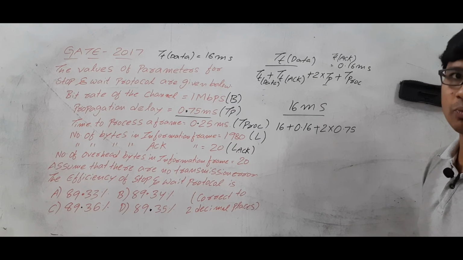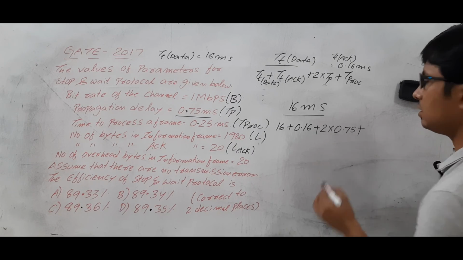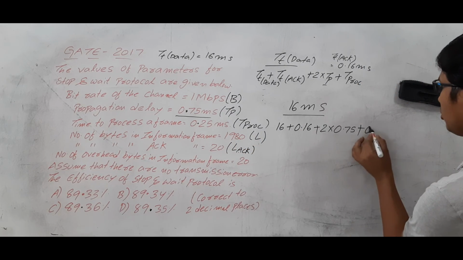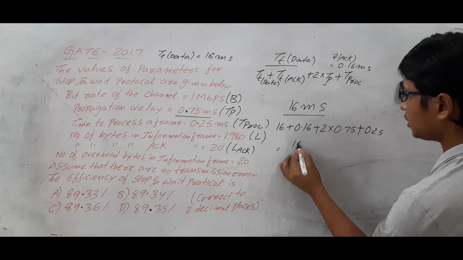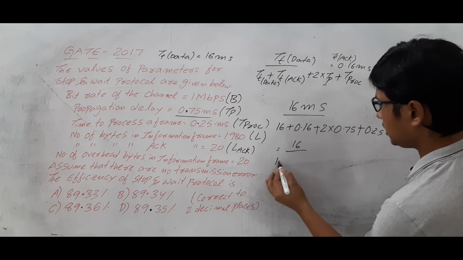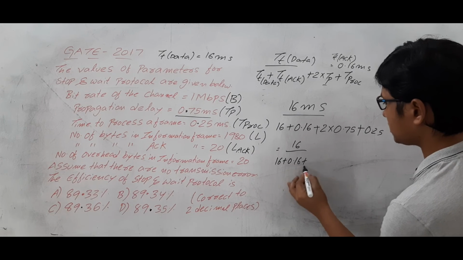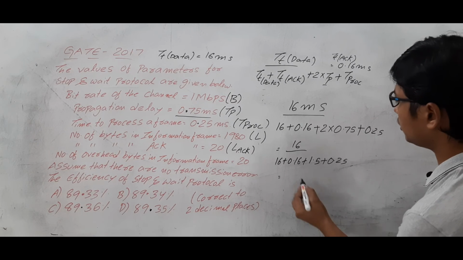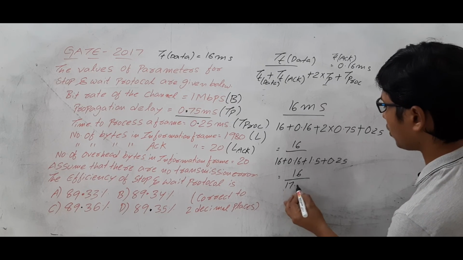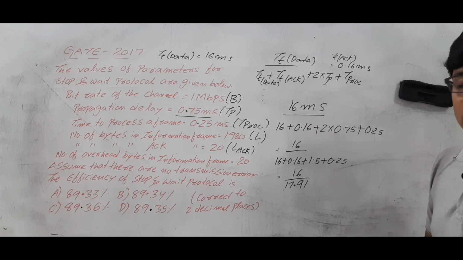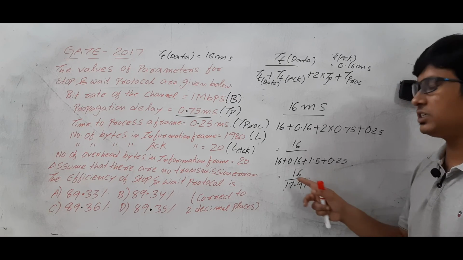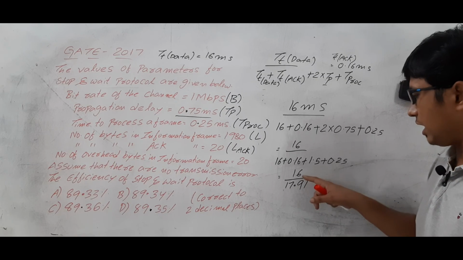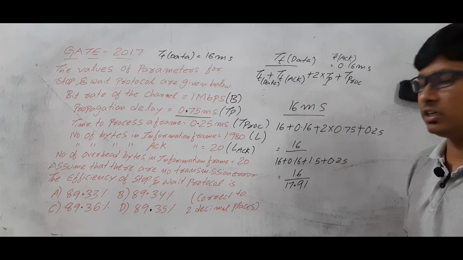You can directly write it as 1.5 also, plus the processing delay for a frame, which is 0.25. If you do it, you will get 16 plus 0.16 plus 1.5 plus 0.25, which is 17.91. You can verify it by performing the addition. You will get 17.91 milliseconds, and 16 milliseconds is the transmission delay for the data.